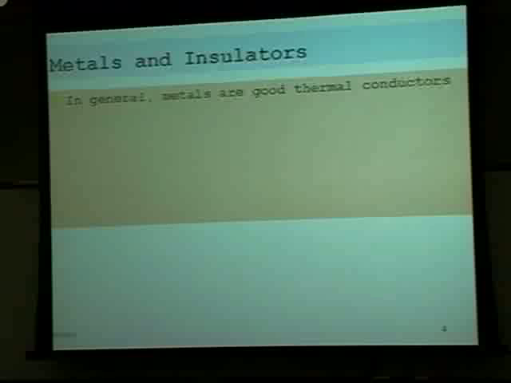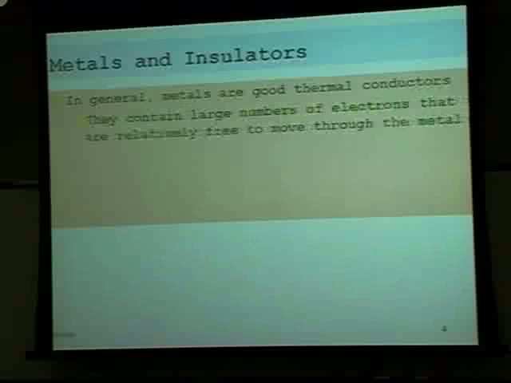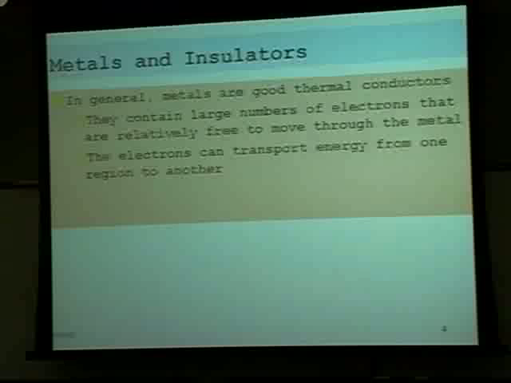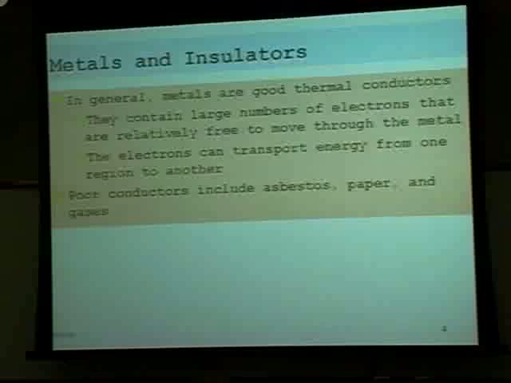Metals are, in general, good thermal conductors because they contain lots of free electrons that can move through the metal and transfer energy. Electrons can transport energy from one region to another readily. Poor conductors, on the other hand, do not have these free electrons.